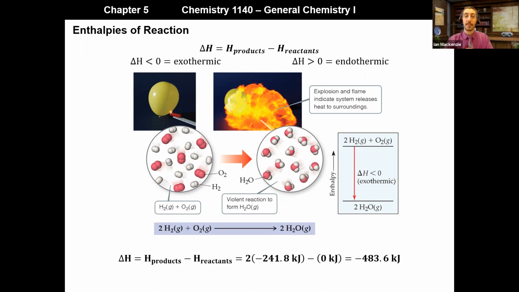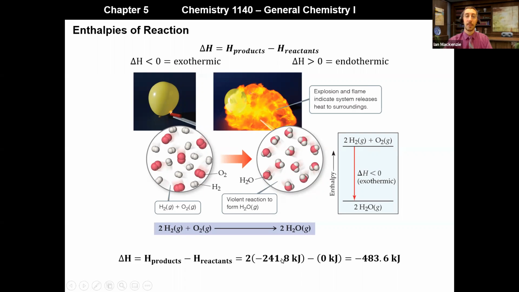Now, in this case, I can quantify the actual amount of energy. We'll explain how we do this in a moment, but here the enthalpy of my water as a gas turns out to be negative 241.8 kilojoules, and there are two of them. So that's the total amount of enthalpy of my products.